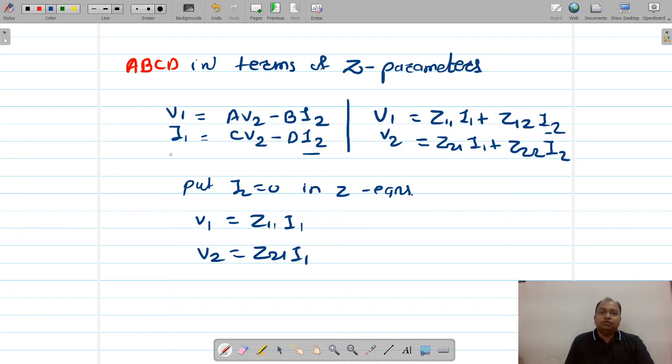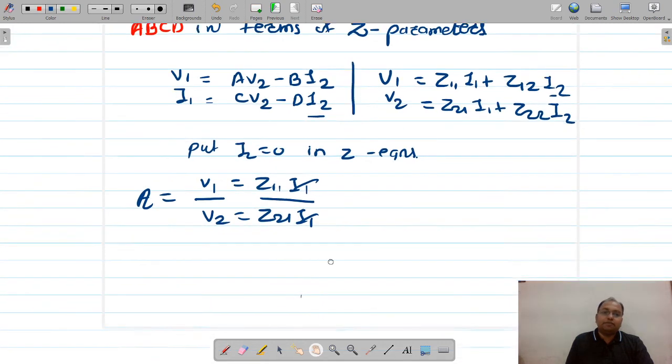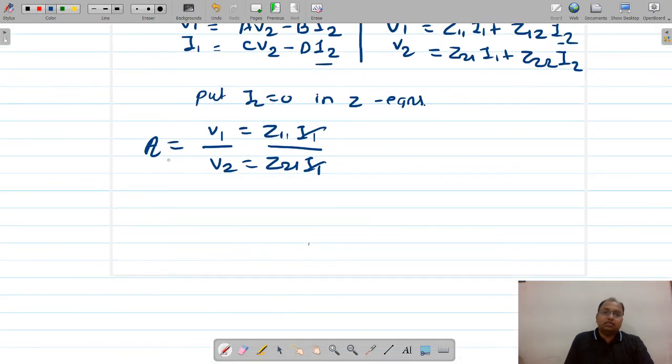Let's take the ratio. So A is nothing but the ratio of v1 to v2. Okay, so this is going to become A. So z11 divided by z21 is A. A is v1 to v2, and that is coming as z11 divided by z21. That's it.